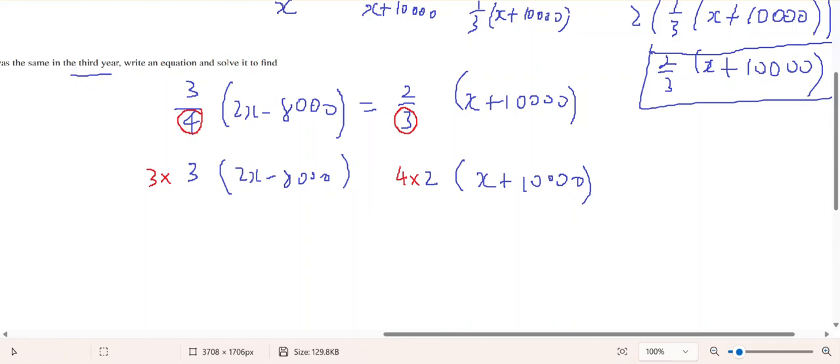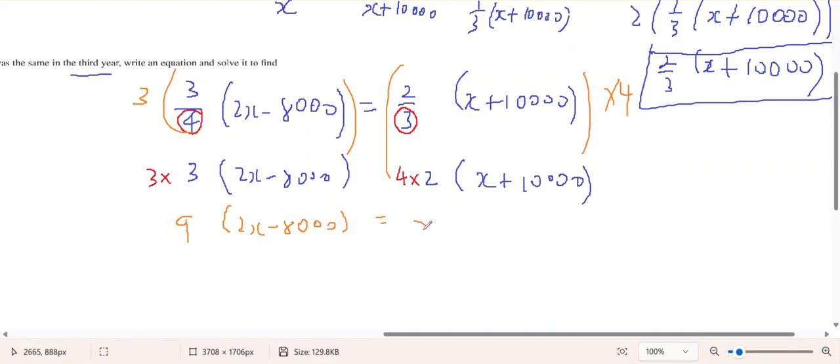Now, what I've effectively done is I've multiplied all of this by 4 and multiplied all of this by 3. And the 4s and the 3s cancel. So 9 lots of 2X minus 8,000 should equal 8 lots of X plus 10,000.